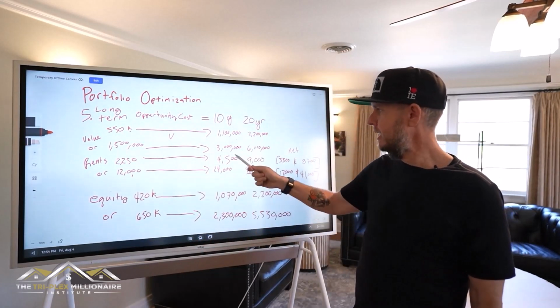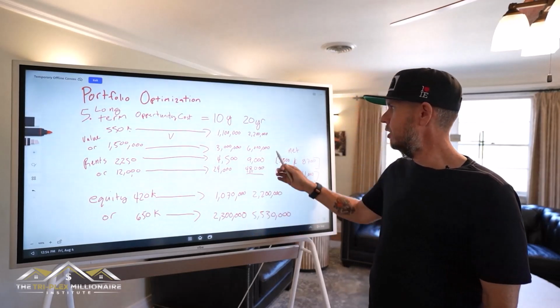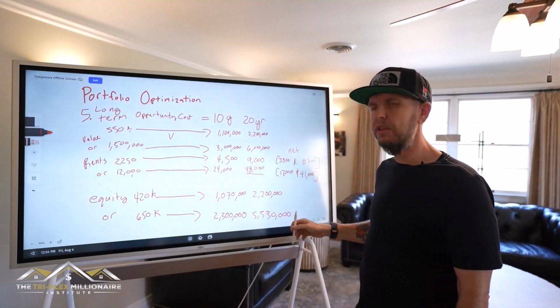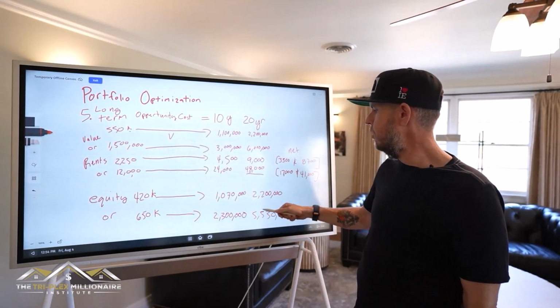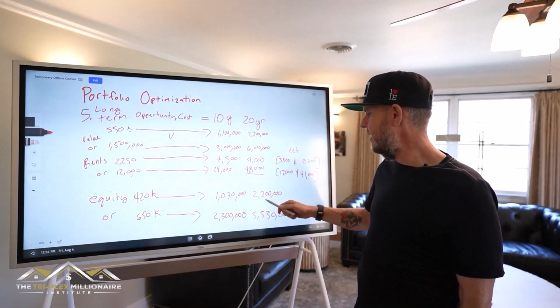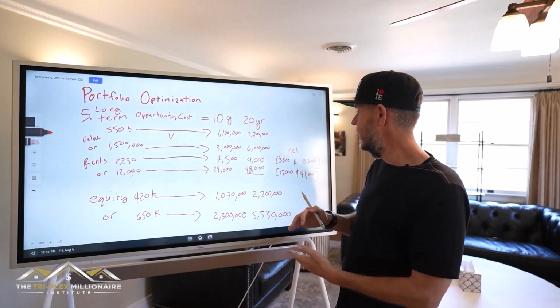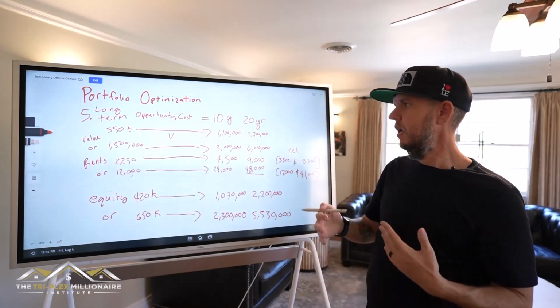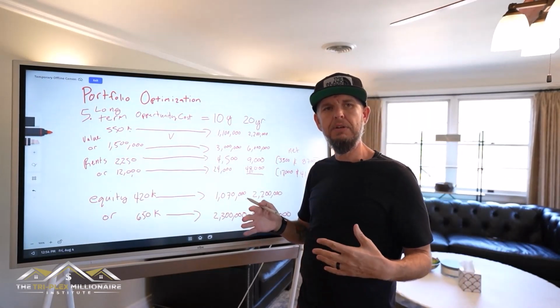Their equity in 10 years from now is $2.3 million. And then on a 20-year timeline, we go to a $5.530 million equity position. So we've more than doubled what they would have in equity by making the simple switch, as well as the significantly higher cash flow, as well as the depreciation expense and all the other benefits that you get from this.